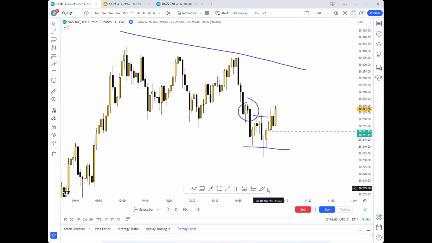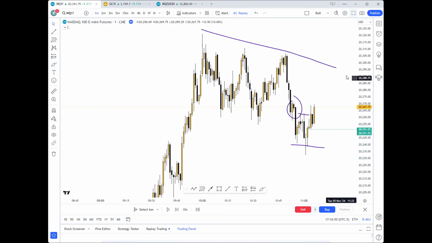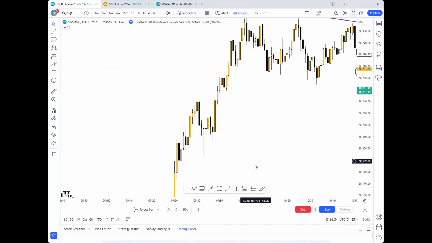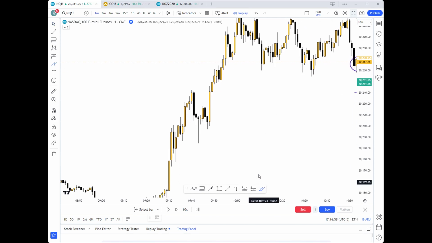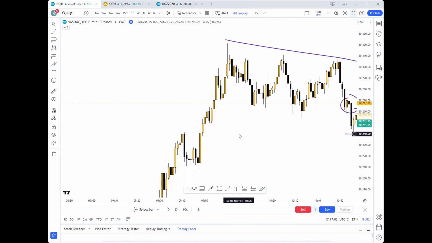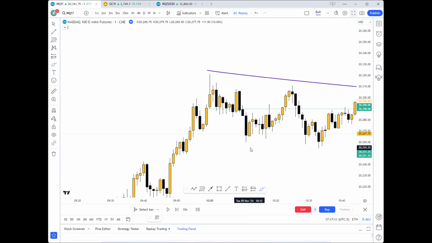I ended up having to miss this because I had to drive and take my little one to school. So the trades that I took today, I grabbed a long in here off of this failure. And then I saw, that was on Top Step as well, I saw this here failing.